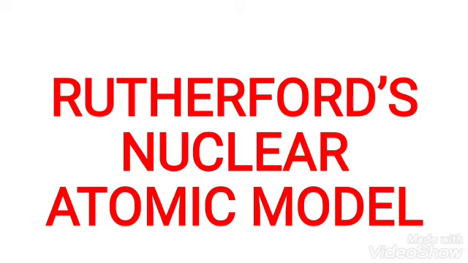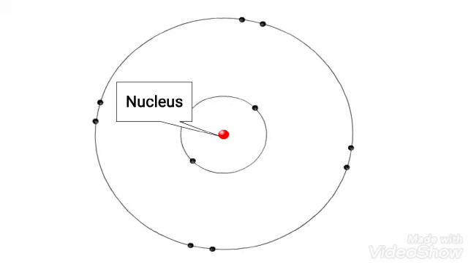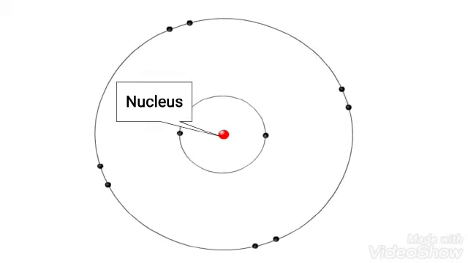Rutherford's nuclear atomic model. Rutherford assumed that an atom consists of a tiny, heavy, positively charged nucleus at its center surrounded by a hollow portion called extranuclear part.